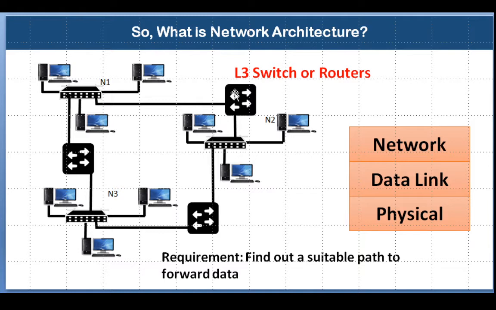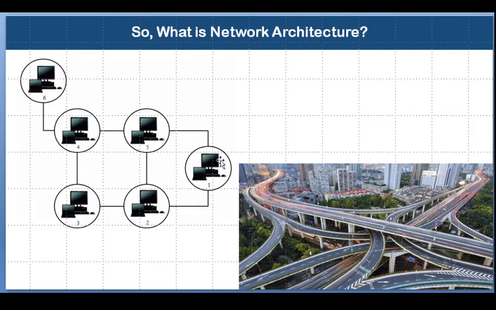So here we have connected three networks N1, N2, N3 via three routers. Clear? Now look at this diagram. What happens when we are connecting more networks to each other via routers? There will be a transport problem, isn't it?